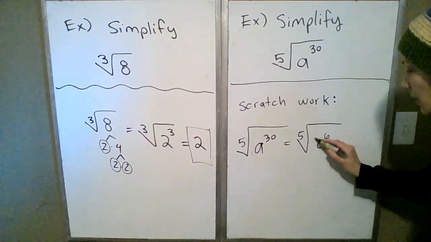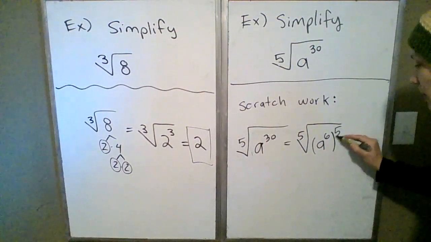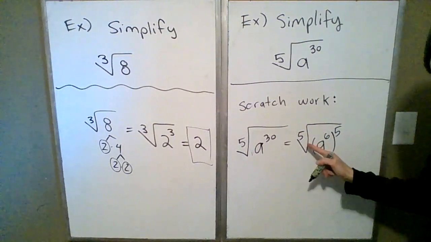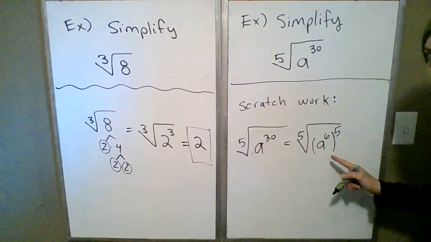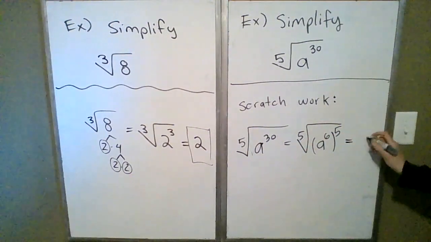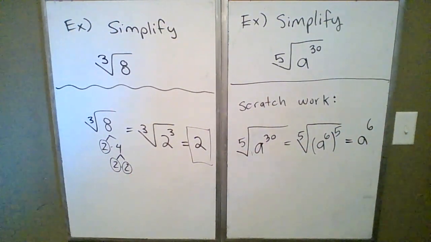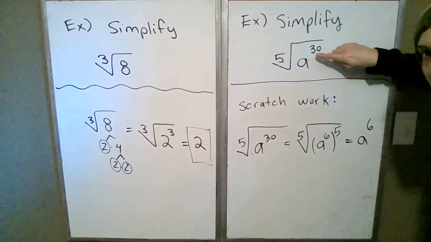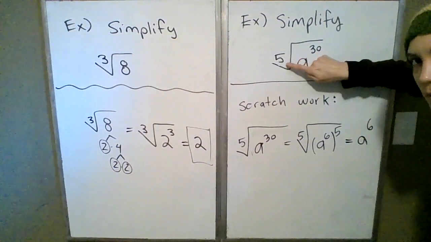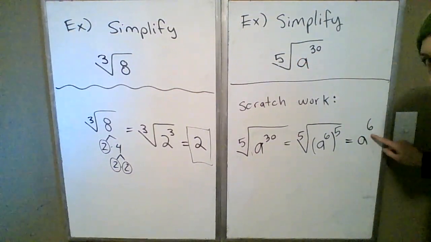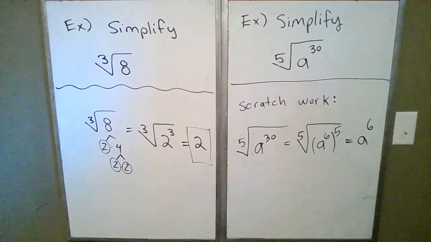So that outside exponent matches that root right there, and then what's left is a to the 6th. And again, notice that you can take this 30, divide by the root 5, and get that 6.